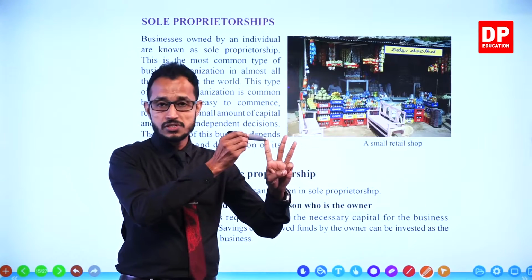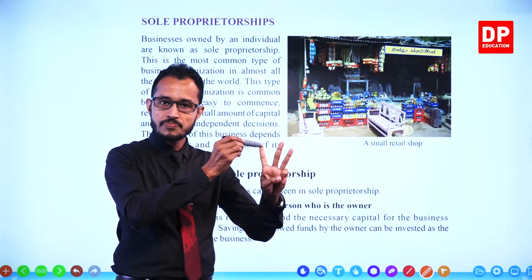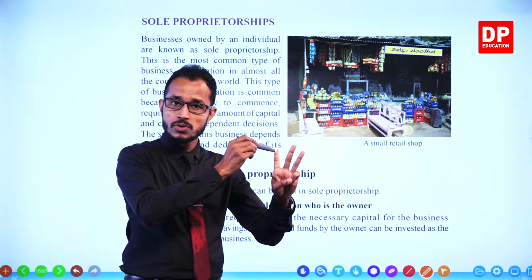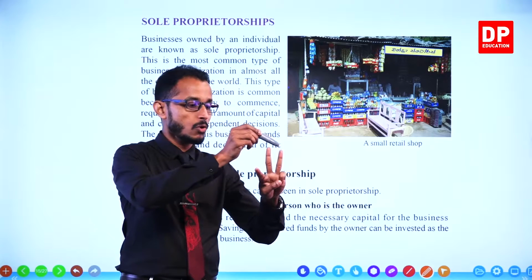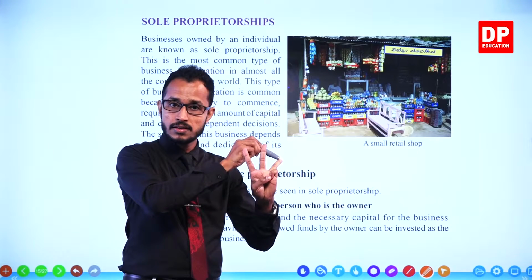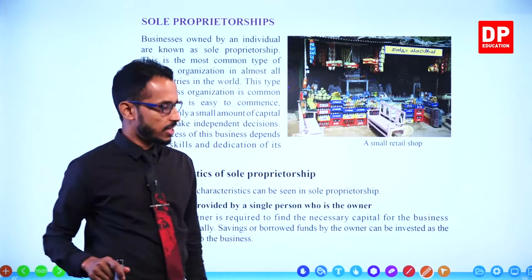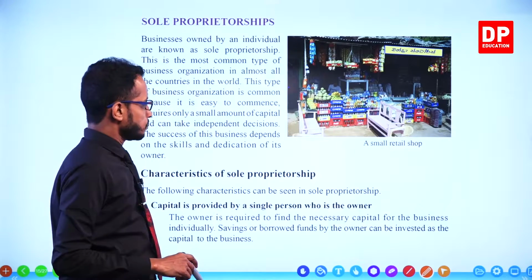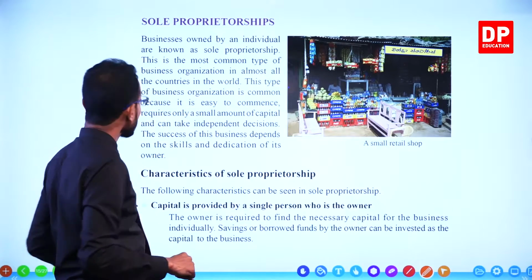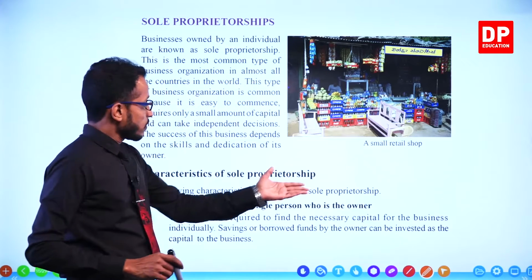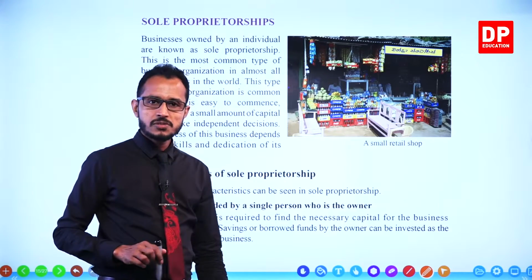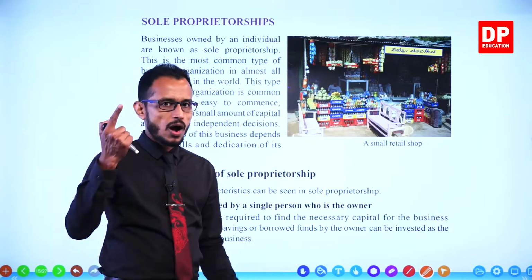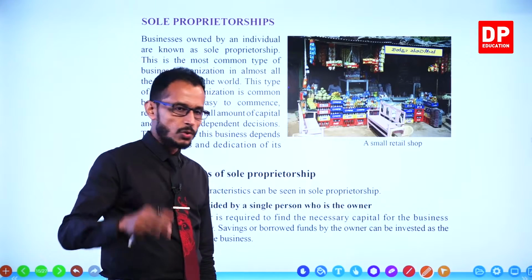First, we classified businesses according to ownership, then objective or aim, then size or scale, correct? Now, we are going to discuss those types of businesses separately, one by one. Okay?